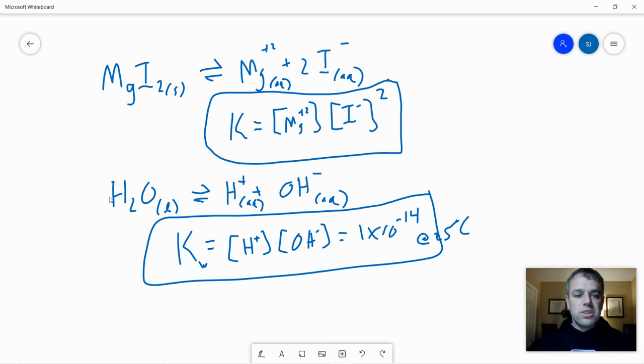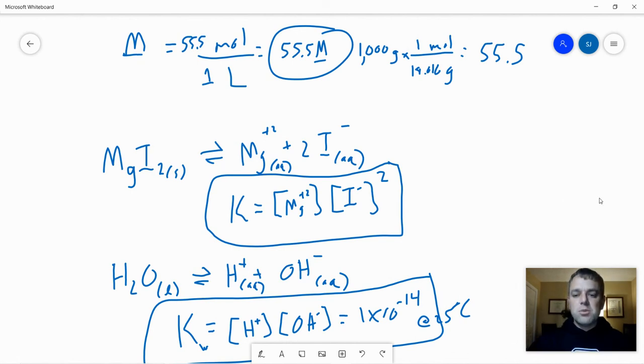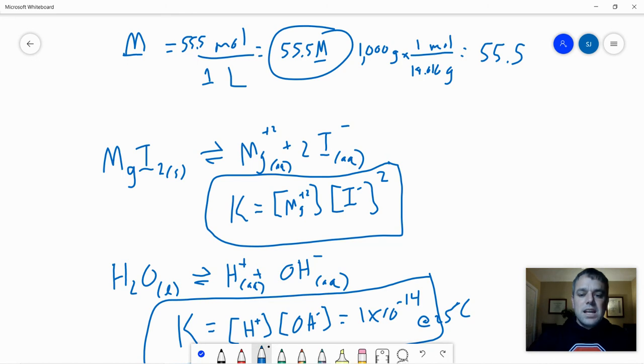It mostly stays as pure water. Most water molecules in a sample of liquid water do not break apart into H pluses and OH minuses. They stay as liquid water. For this one with magnesium iodide, which is incredibly soluble, we would expect that K is quite large. K is much larger than 1.